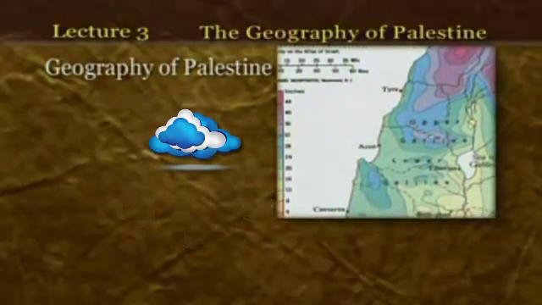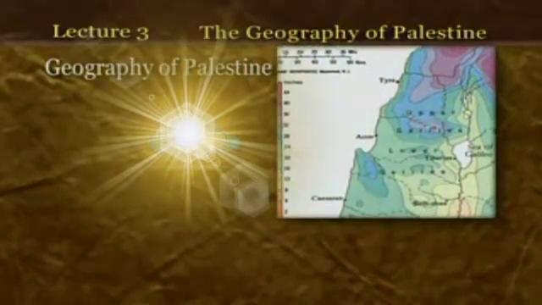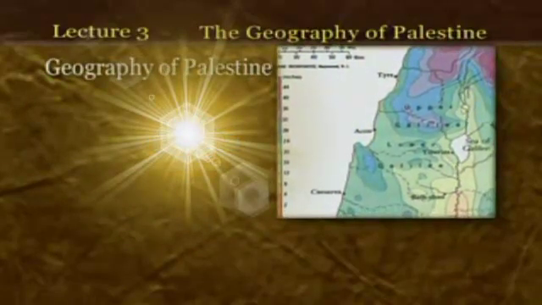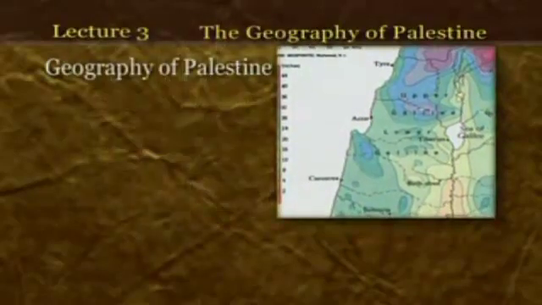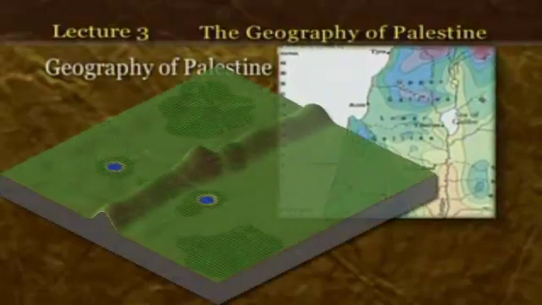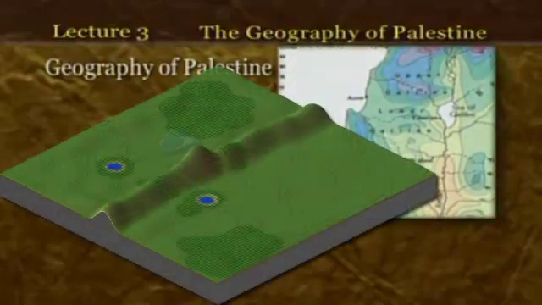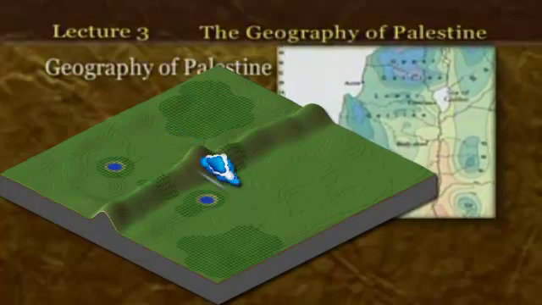And then it hits the coastal plain, and then the elevation goes down again, and the clouds, in essence, have all rained themselves out, and they really don't start to pick up moisture again and start to drop moisture again until you get into the Transjordan area, and they go up the mountains again, and then they start to drop again.